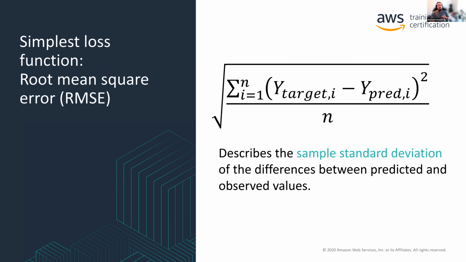Now, there are various ways for this to be calculated, right? For linear regression, the simplest form of loss function in this case is root mean square error, right? That's just the standard deviation of the difference between the observed actual reality from the data perspective and the predicted reality. So you take the difference between the true output and the calculated output, the data reality and the predicted reality, you square it, and then you average it across the whole data set.